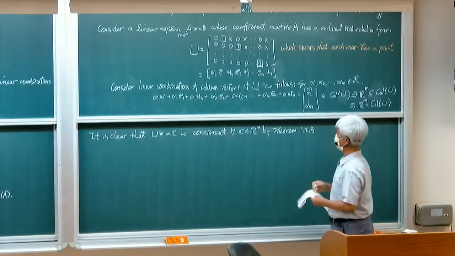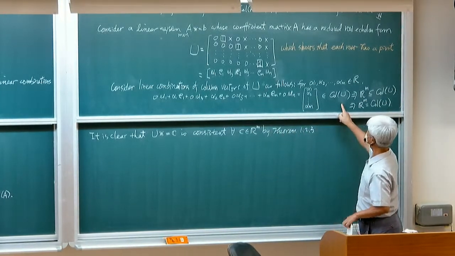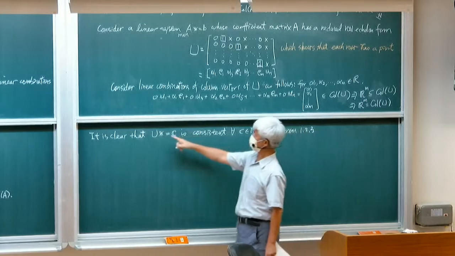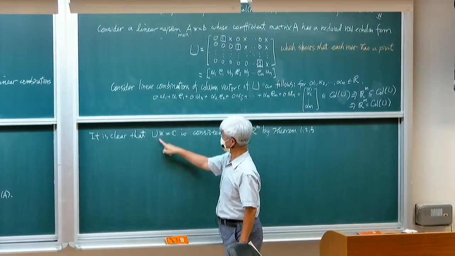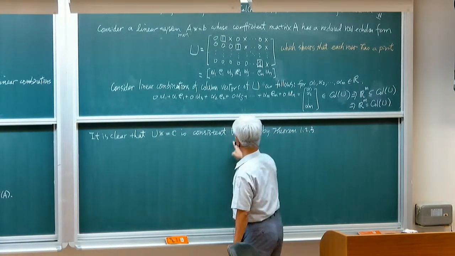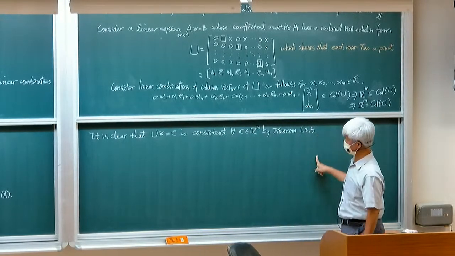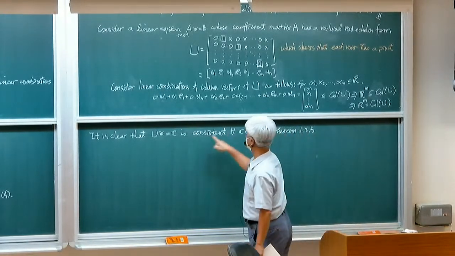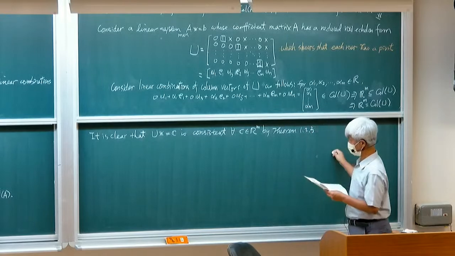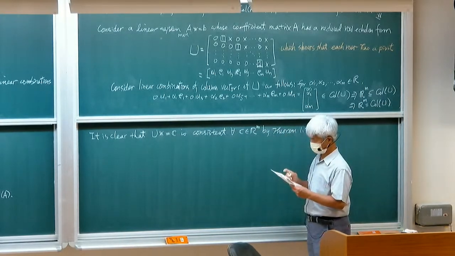Okay, so we know that if we consider the linear system Ux equal to C, then for an arbitrary C, the linear system is consistent.